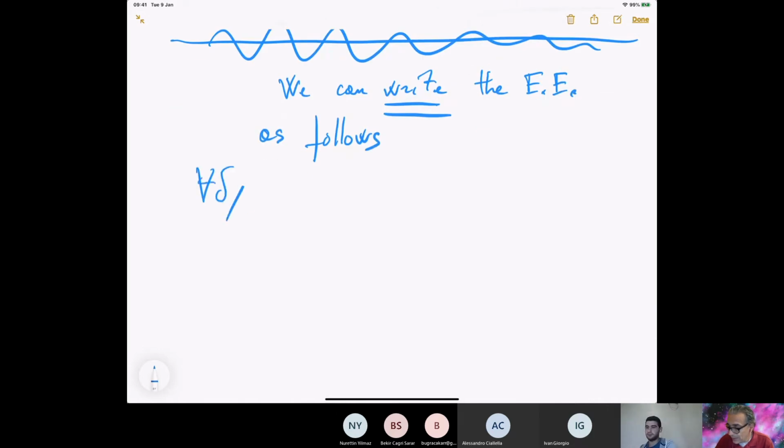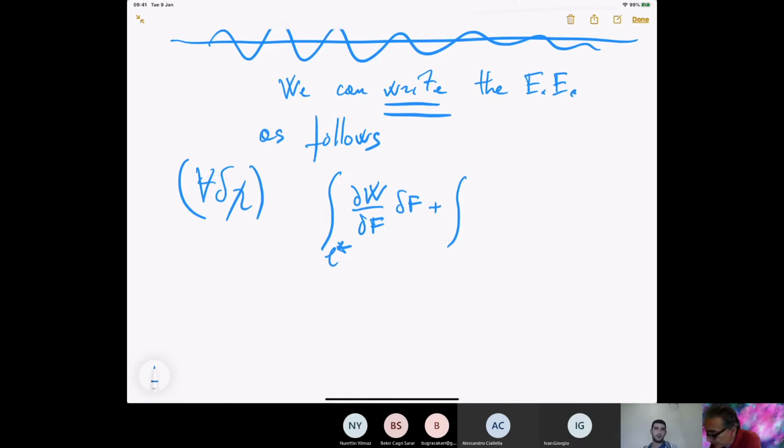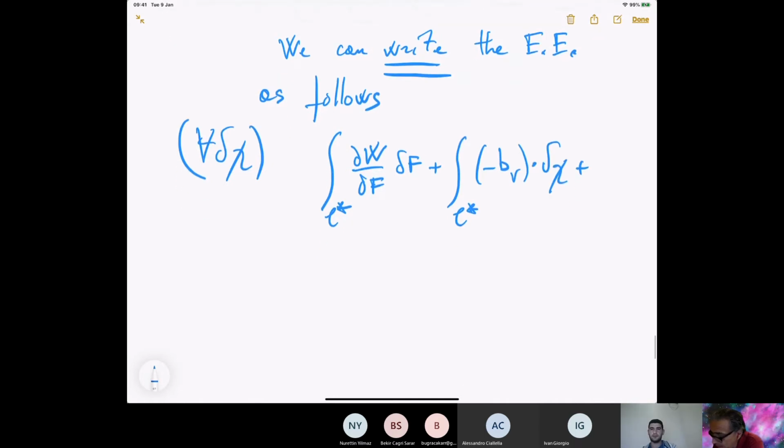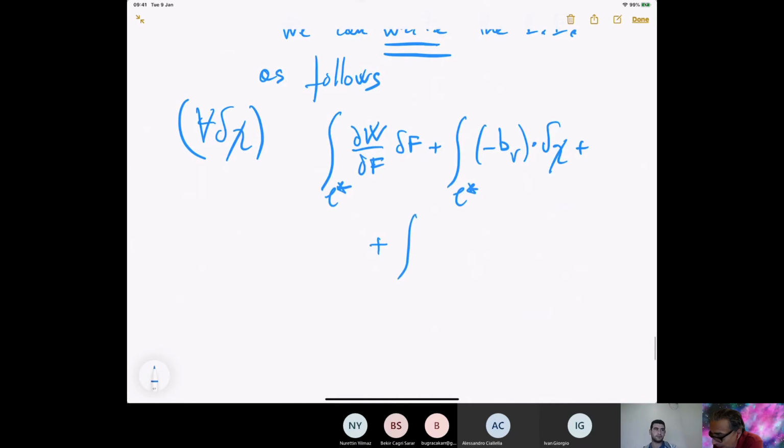For every delta chi, integral of dW over dF delta F plus integral over C star of minus B volume delta chi plus integral over the whole boundary.